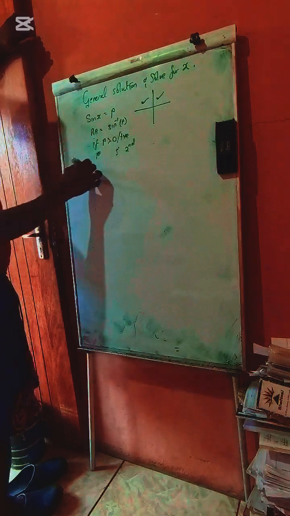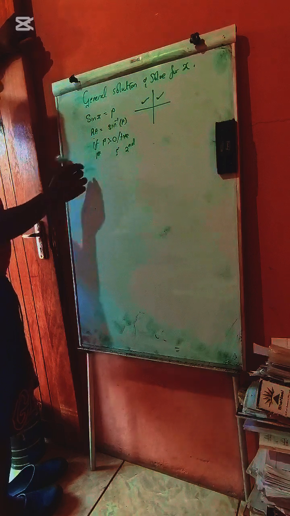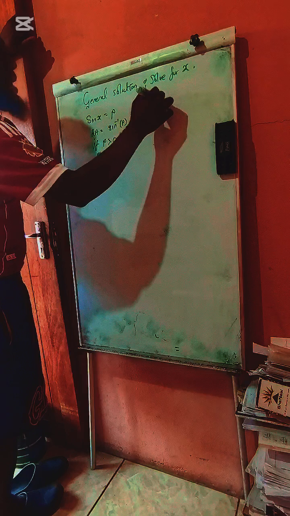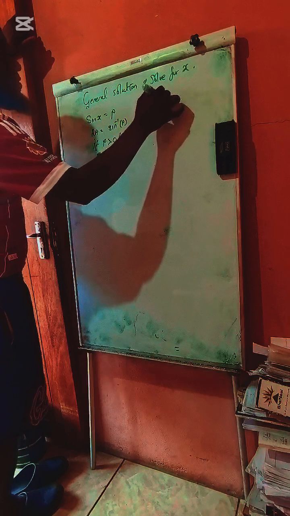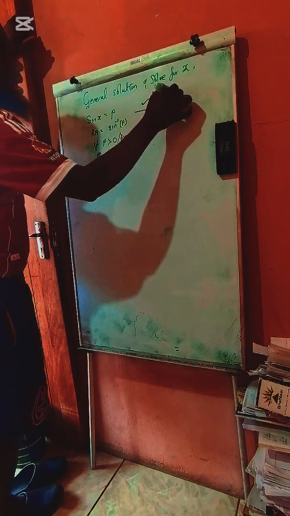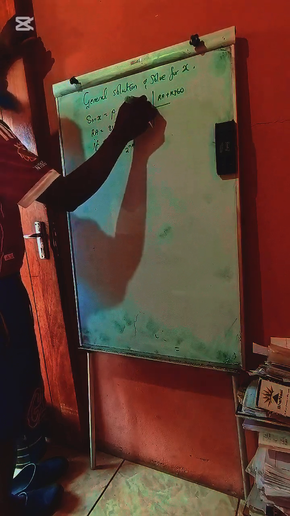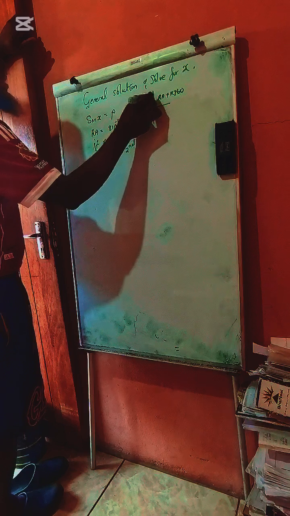In the first quadrant, you have to know that x equals reference angle plus k 360, because we said the period is 360. Here it's always 180 minus reference angle plus k 360.